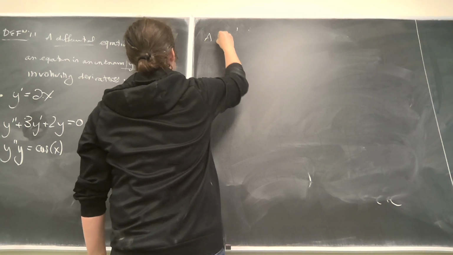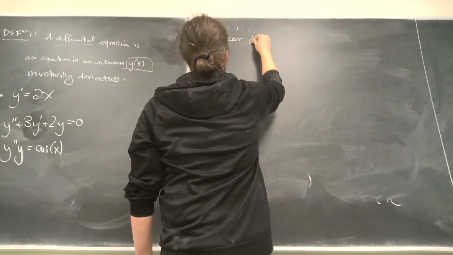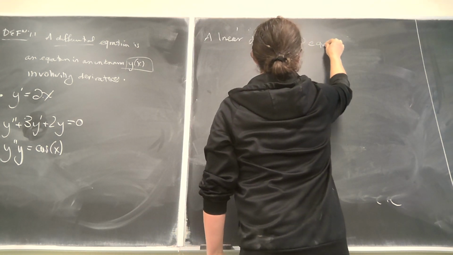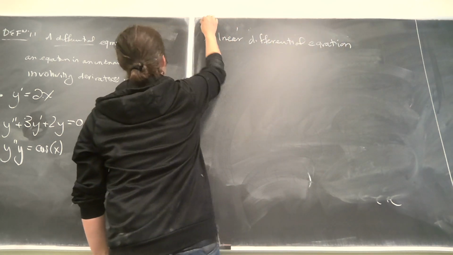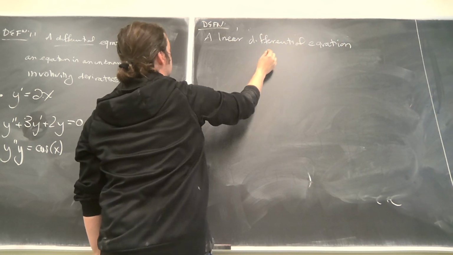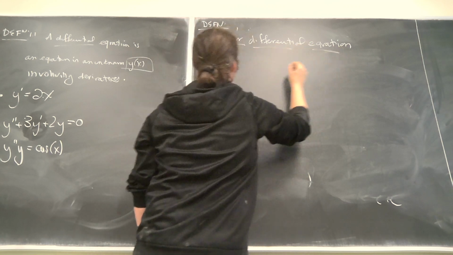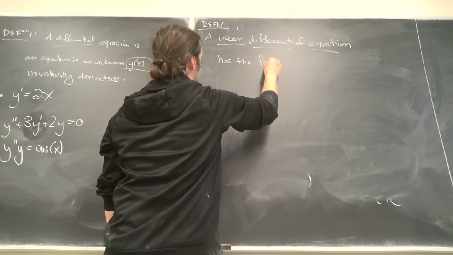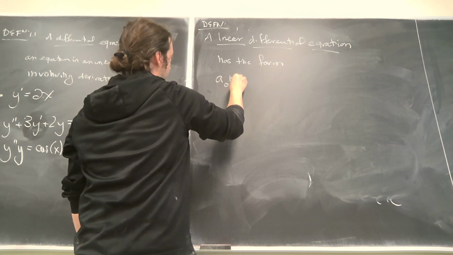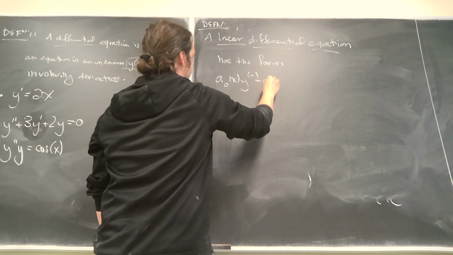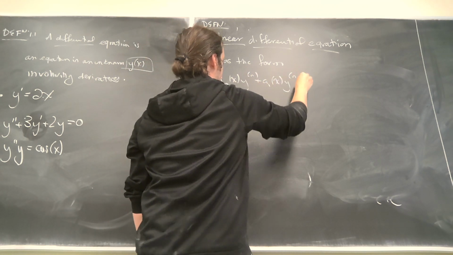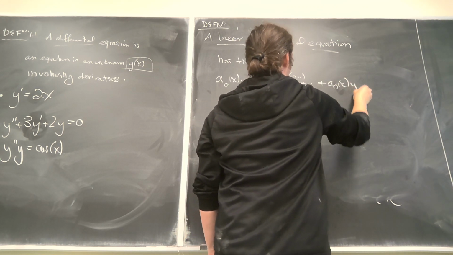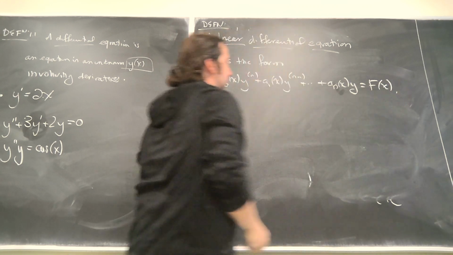So a linear differential equation, this is another definition, has the form, or can be put into the form, a0 of x y^(n) plus a1 of x y^(n-1) out to an of x y is equal to capital F of x.